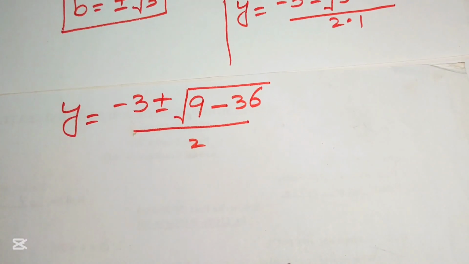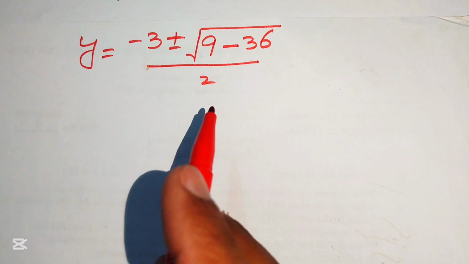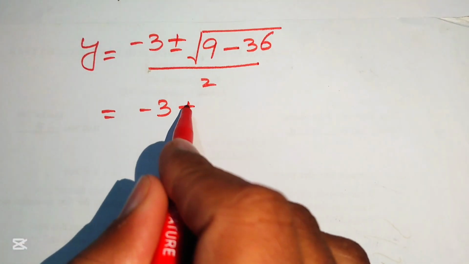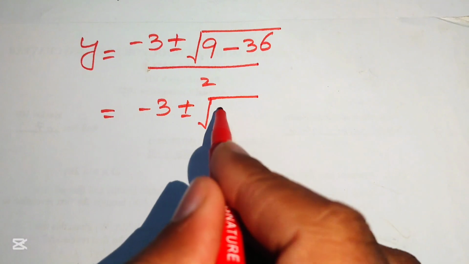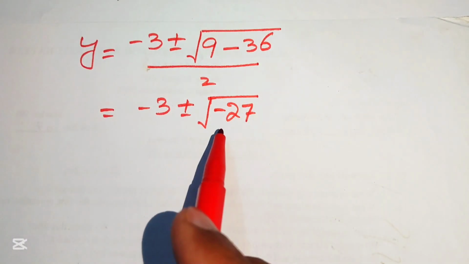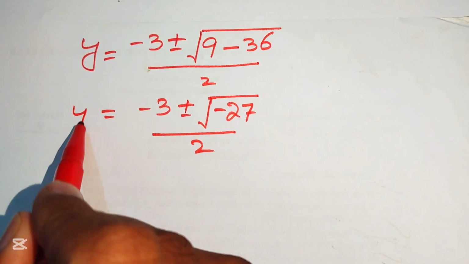Further, we need to subtract these two values. So here we have minus 3 plus minus square root of minus 27. We know that 9 minus 36 equals minus 27, and it is divided by 2.